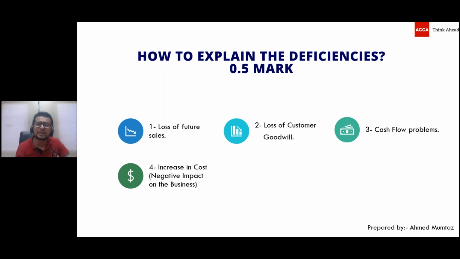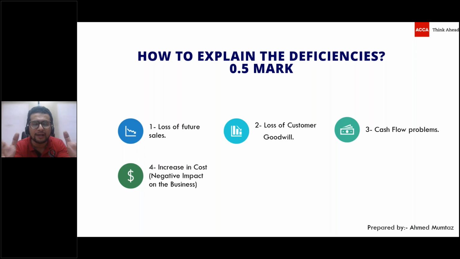If it's a payroll system, it could lead to loss of employee goodwill. If it's a purchase system, it could lead to loss of supplier goodwill. If it's a sales system, it could lead to loss of customer goodwill. It could lead to cash flow problems. It could lead to extraordinary cost, which is going to create a negative impact on the business. So this is how you explain the deficiency.